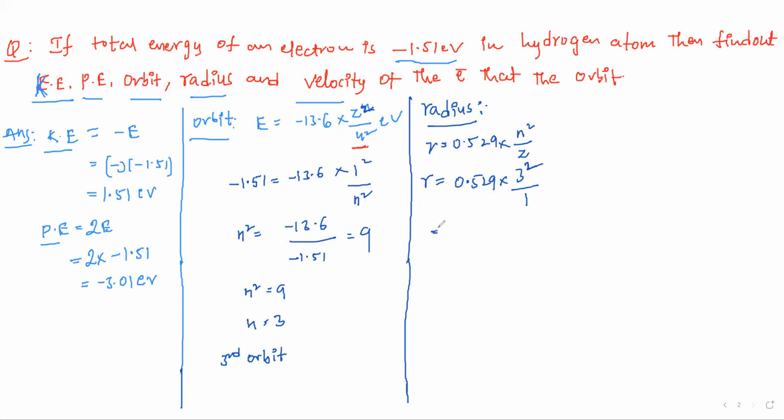How much is that? 0.529 into 9. So we get the answer: 4.761 angstroms.